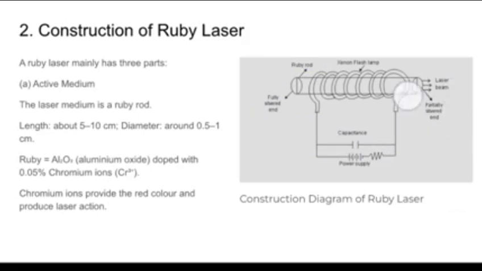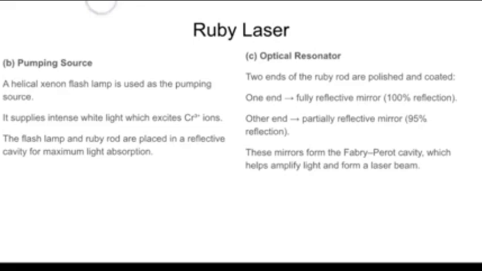The length of the rod is 5 centimeters or less and the diameter is 0.5 to 1 centimeter. The ruby inside is aluminium oxide doped with chromium. The light goes like this and comes out this side. The color of the ruby laser is also red. The pumping source is the lamp.